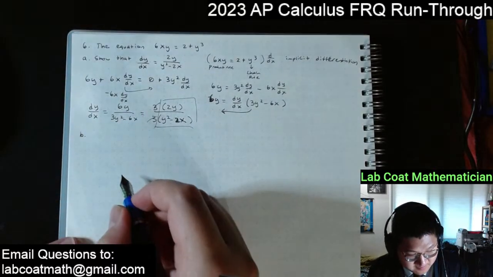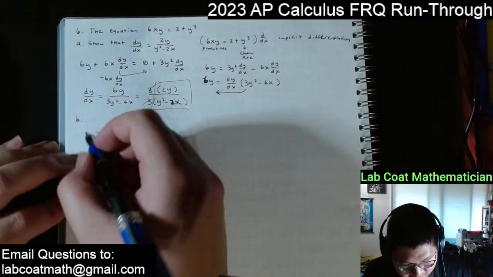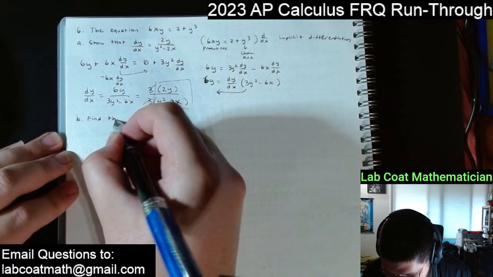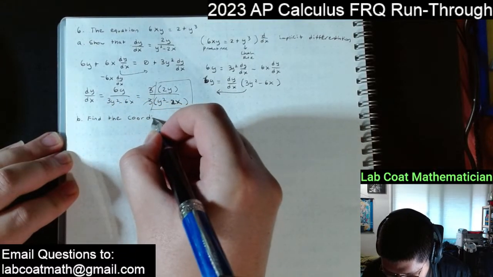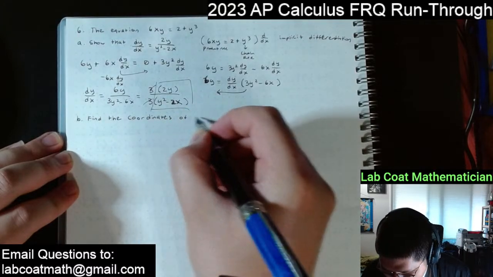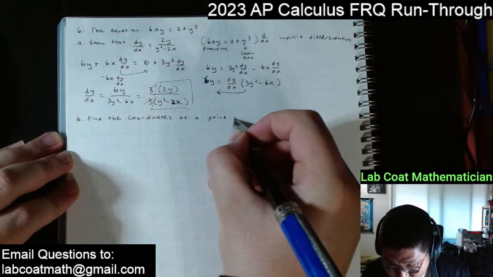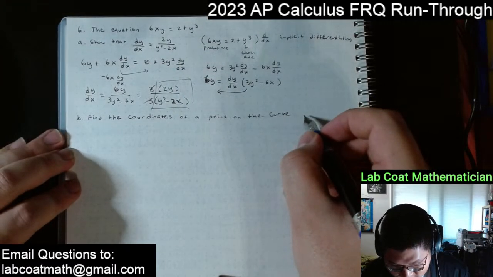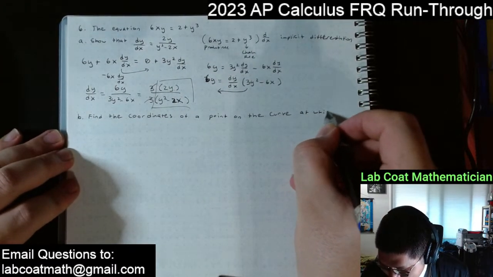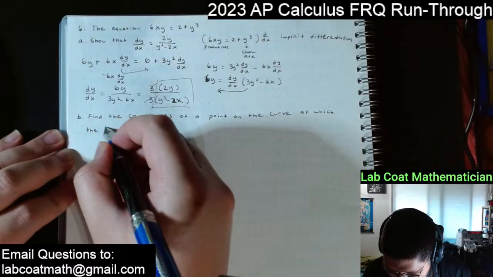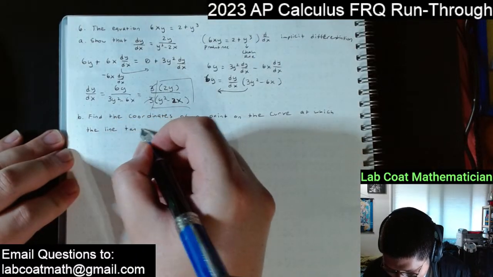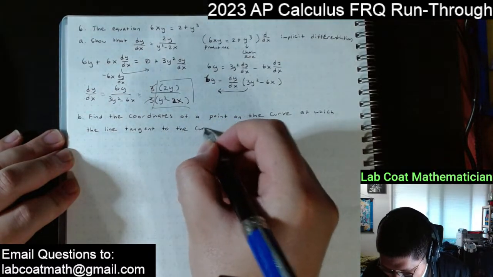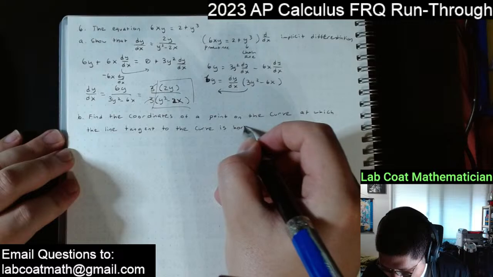Very nice. Okay, so then going on to part B, it says find the coordinates of a point on the curve at which the line tangent to the curve is horizontal.